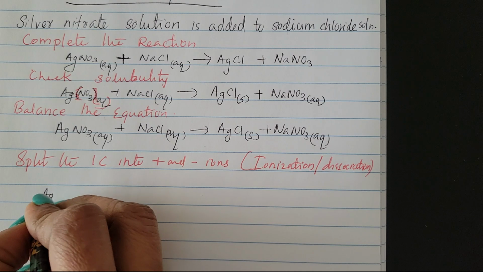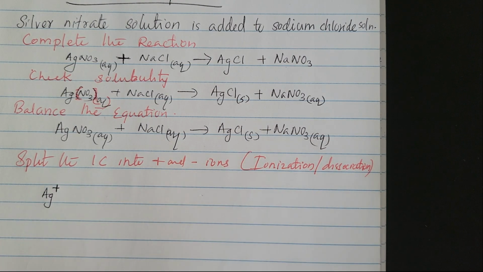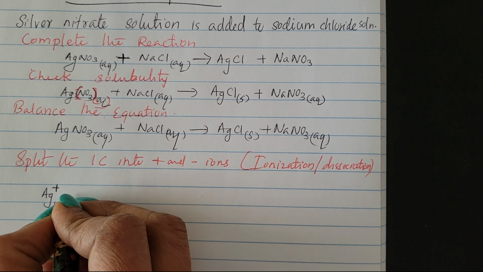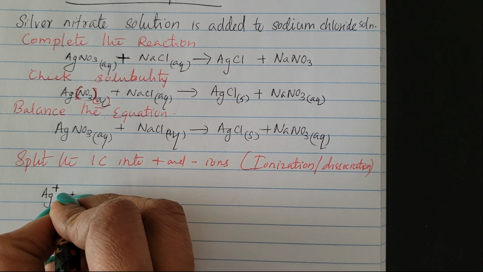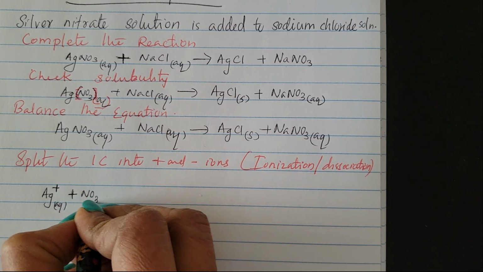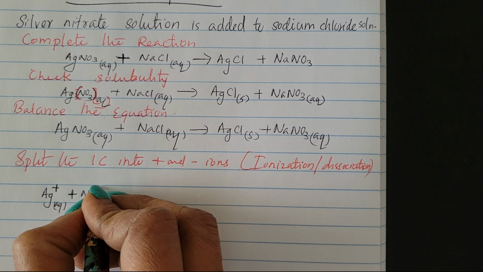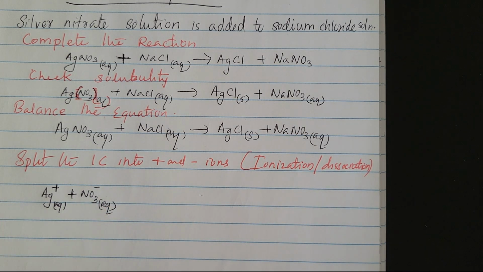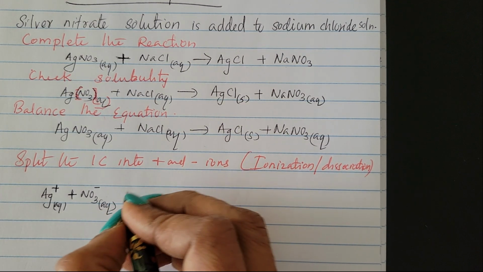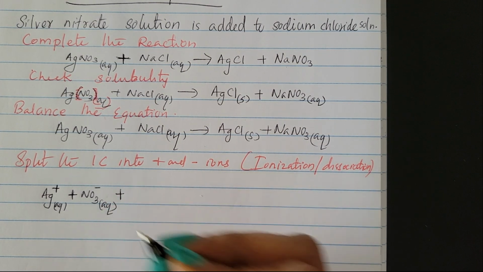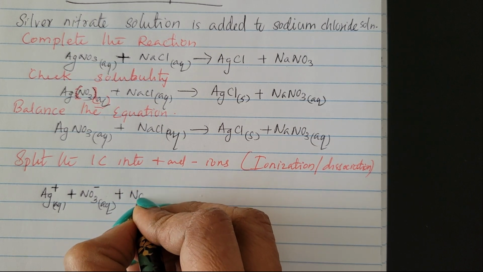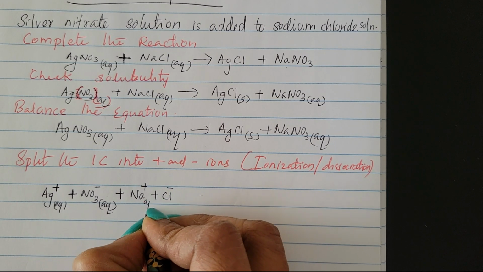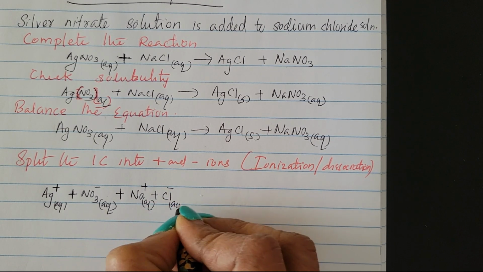We know that Ag is +1 and there is only one Ag. So we're going to write Ag+ and that is aq. And NO3, what is the charge of NO3? -1. If you don't know the charges, you just do the reverse crossing method or use the algebra method. Plus NaCl will split into what? Na+ and Cl-. Write aq each and every single time.